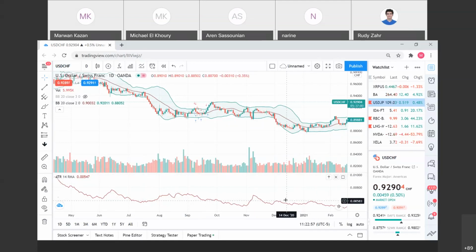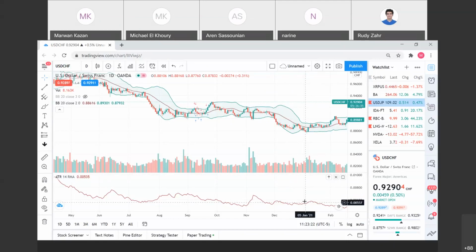This is daily. Whatever it moves, 0.005 every day. So if today, for example, it moved 0.002, we still have a chance of entering this trade, because usually it changes 0.005.